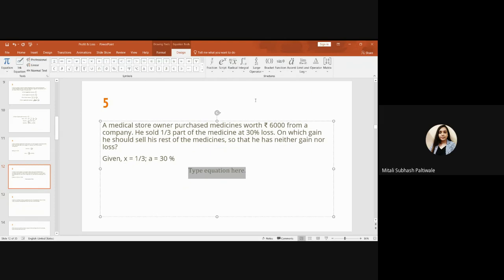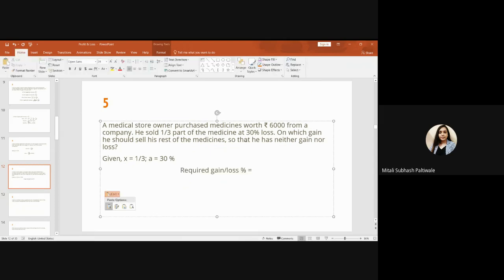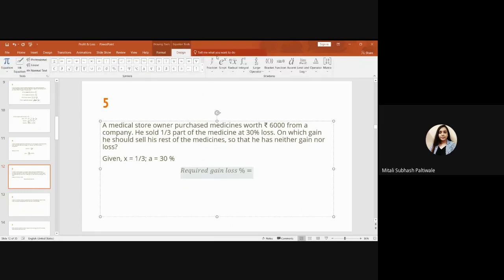I'll be writing the formula specifically. Required gain percentage is equal to, now the formula is AX by 1 minus A percent.